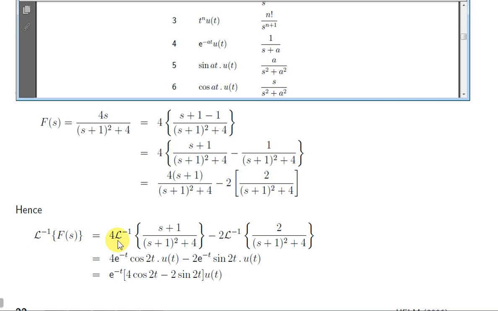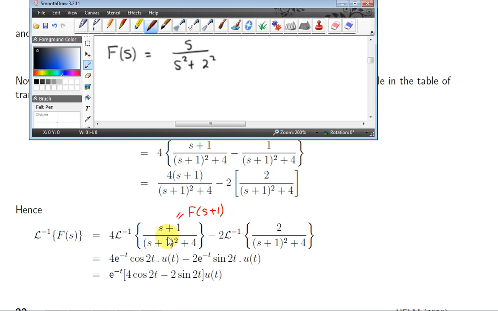So next we get the inverse Laplace transform. We can use the linearity property to take out the 4, that's just a constant factor, and to take the minus 2 out of this second one here. Let's start with this fraction. It comes from this one here, which we will call F of s, s over s squared plus 2 squared.